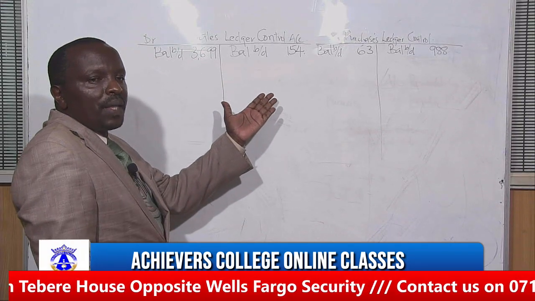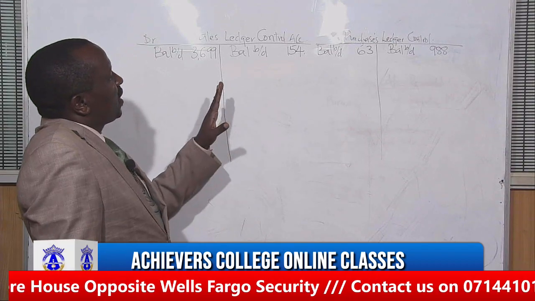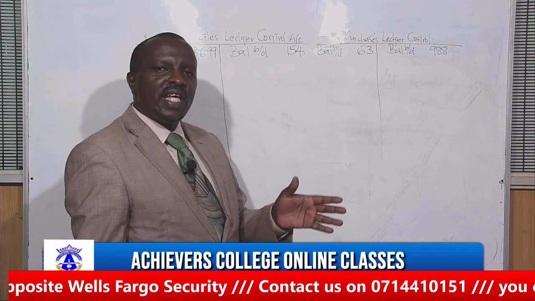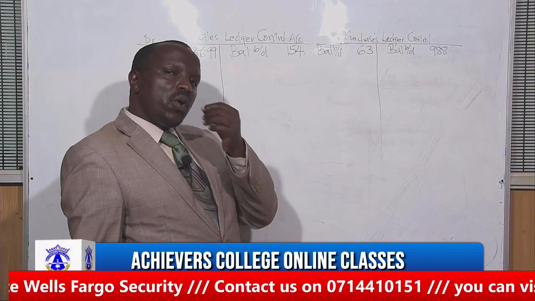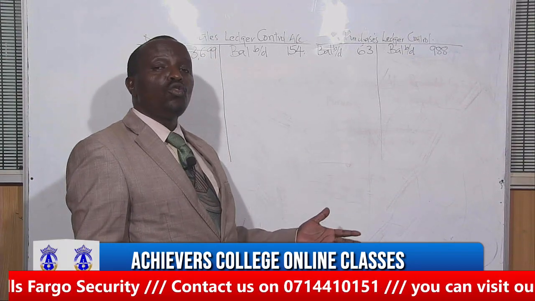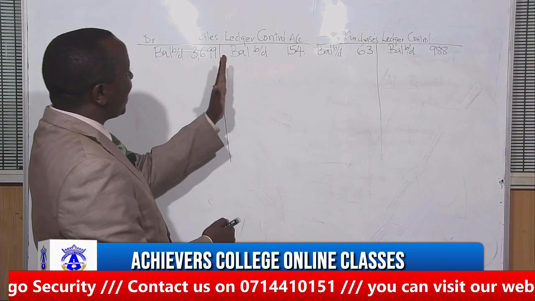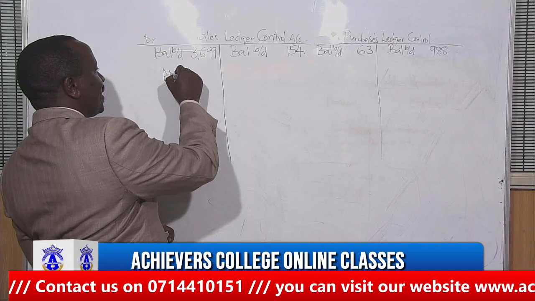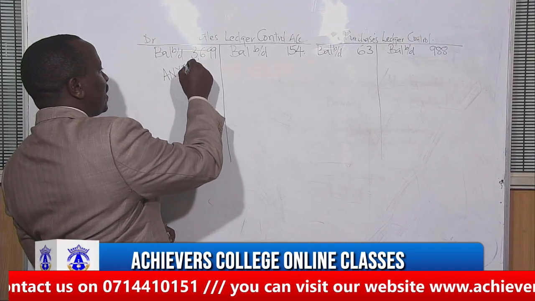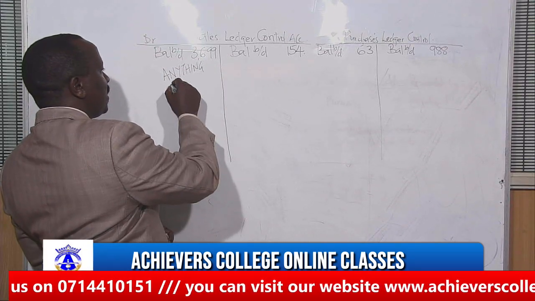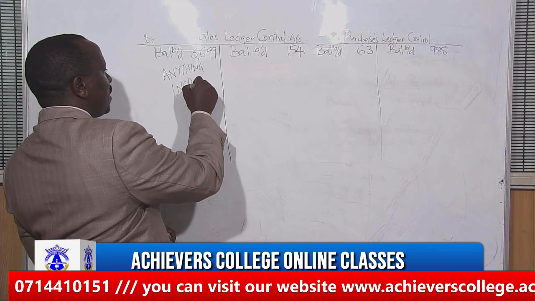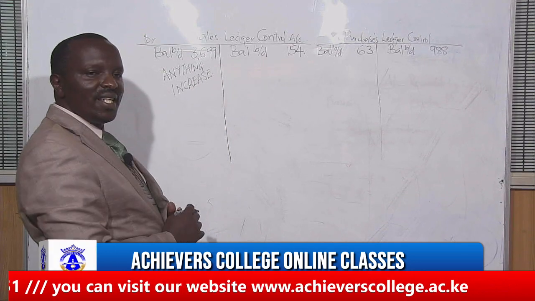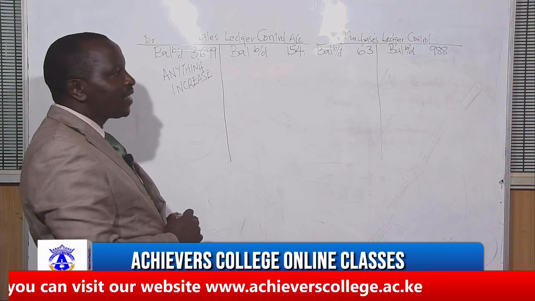Now I want you to notice that there is a very simple principle that we use to draw the control accounts. Anything that increases debtors is actually debited in the debtors control account.